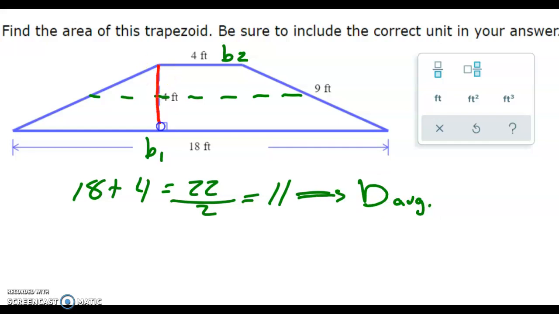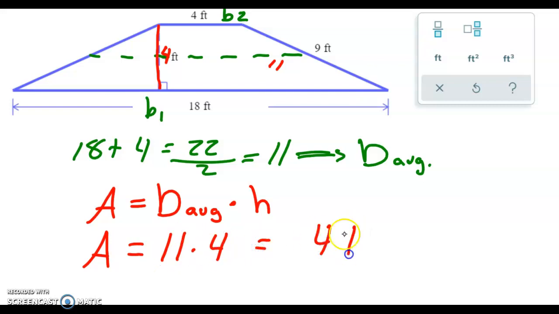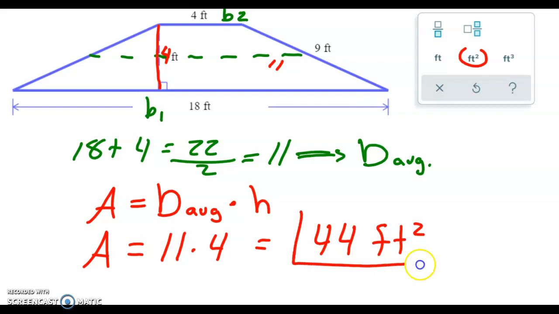So we've got that height of 4, and we've got the base average of 11. So area equals base average times height, and that's going to be 11 times 4, which is going to give you 44. And that's going to, of course, be feet squared. So you end up with 44 feet squared for the area of that trapezoid.